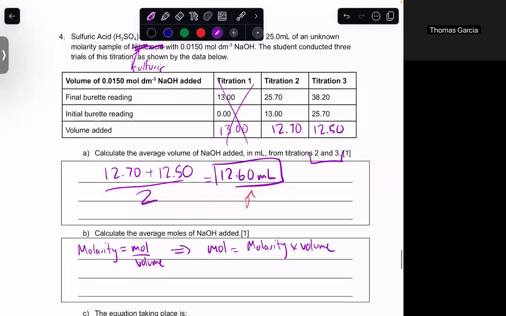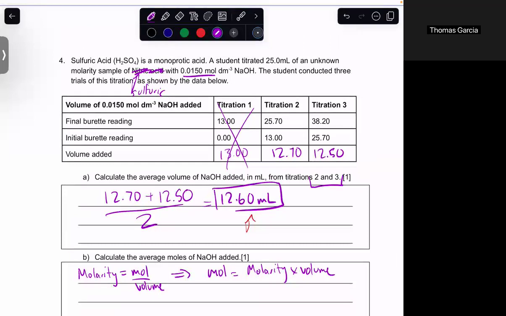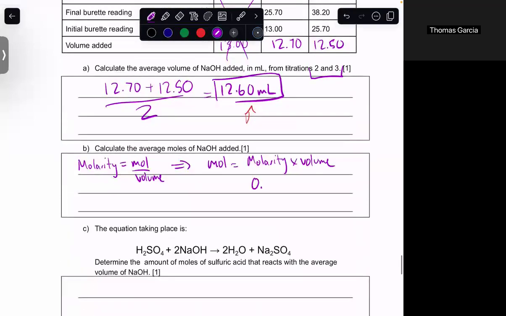And our molarity, we were given above as 0.0150. And our volume is 12.6 milliliters. Now, this volume needs to be in liters or decimeters cubed, so I'm going to convert that: 0.01260.